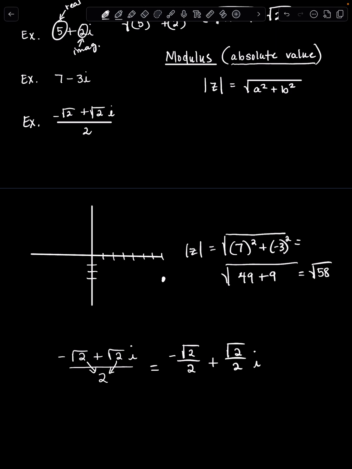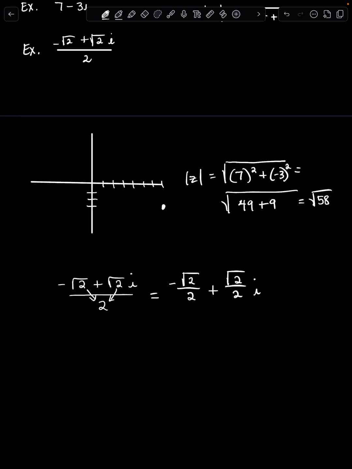All right, so if I'm graphing this, plug in the square root of 2 over 2 if you need to approximate it to see where you're going with it on your real axis and your imaginary axis. So I'm going to let this be, let's do 1. So this is 1, this is negative 1.